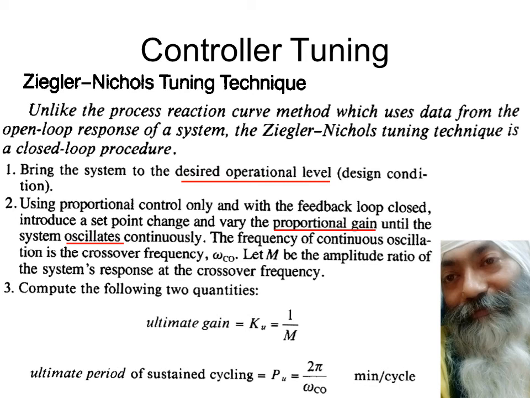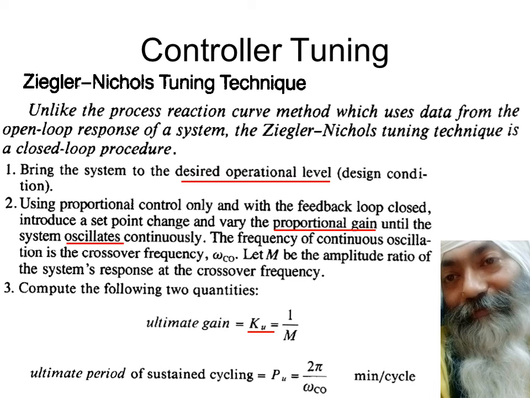Once it starts to oscillate continuously, at that gain where it starts oscillating, we call that gain K or Ku, and we note the period of oscillations, and that period is called P. We will make use of this K and this P ultimately to know the correct values of PID.